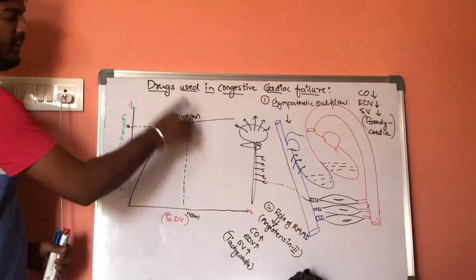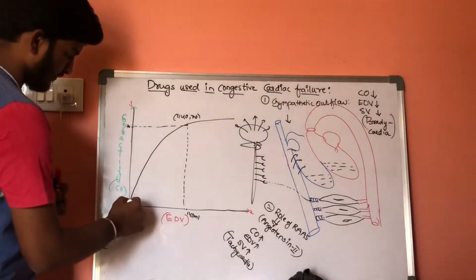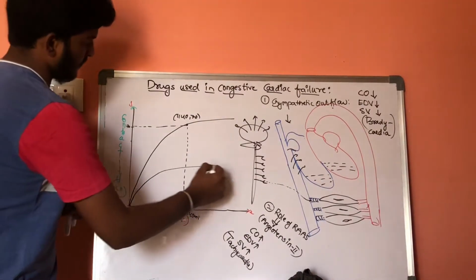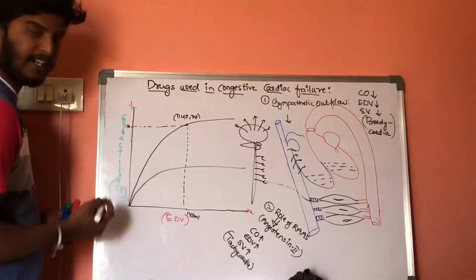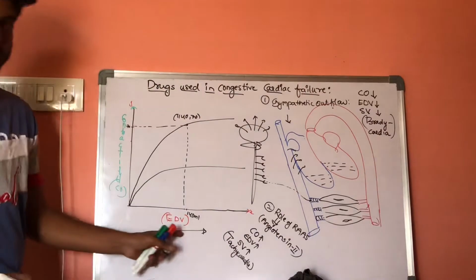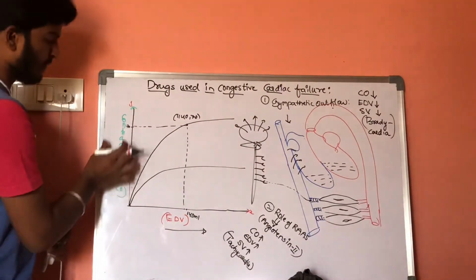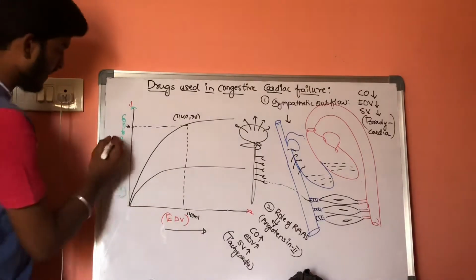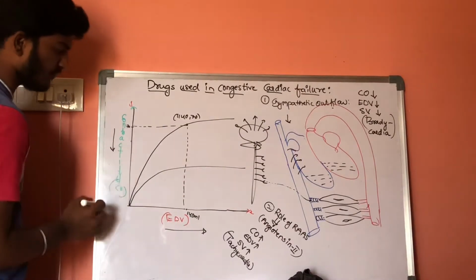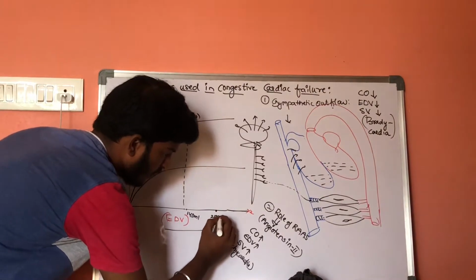Now in the abnormality, the graph will be like this. If the end diastolic volume increases, the contractility should increase. But in abnormalities, the contractility will get decreased. Let us consider it is 200 ml.